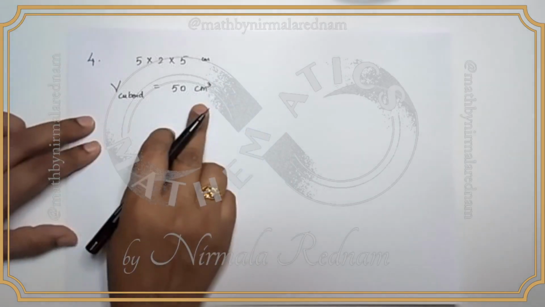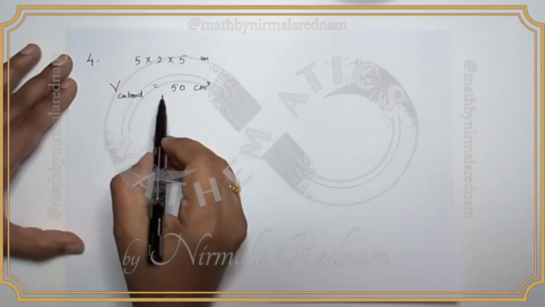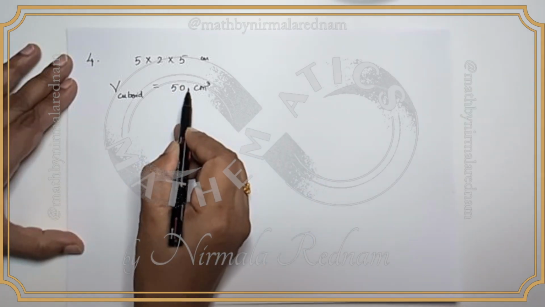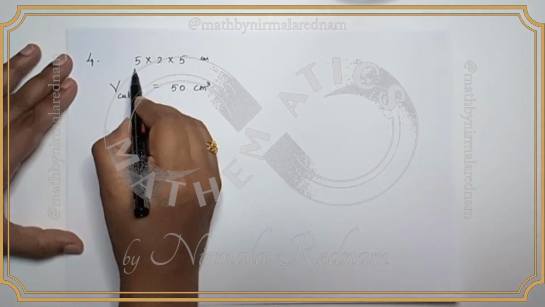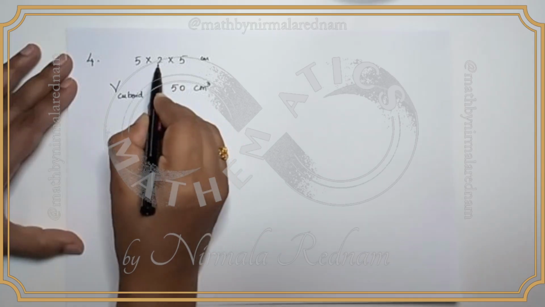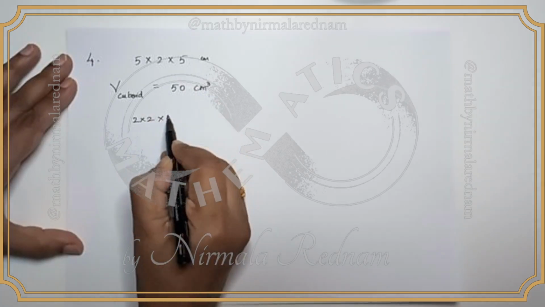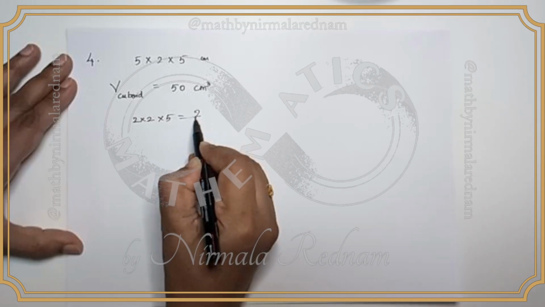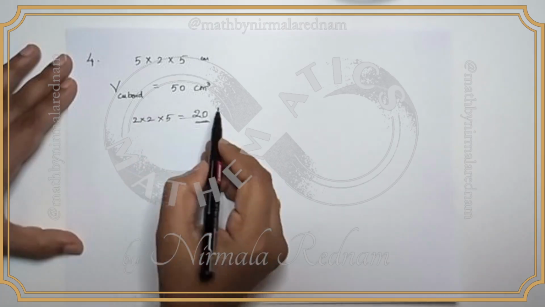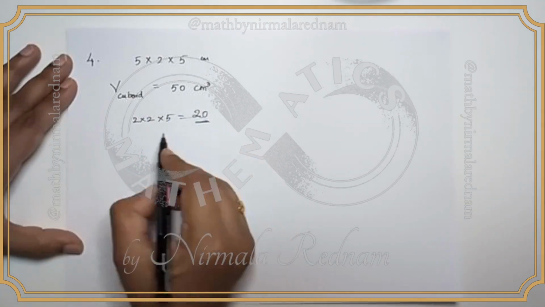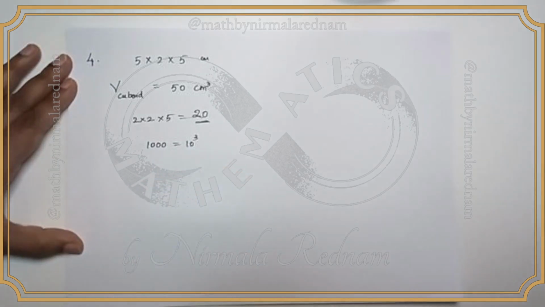Now what they're asking us is simply what should be multiplied to this in order to make it a perfect cube. So you can see here we already have the factorization. So I need two 2's and I need one 5. So what is this? 20. That means that I need 20 such cuboids in order to make a cube, because then I will have the product as 1000, which is a perfect cube, right?